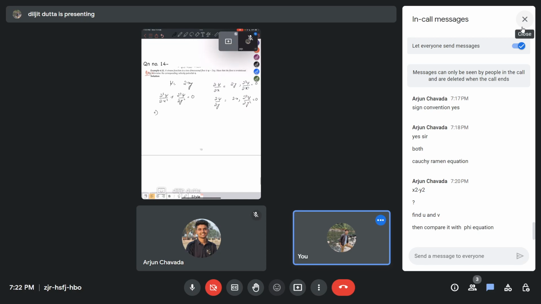So we have seen that del square psi by del x square is 0, and del square psi by del y square is 0. So if we substitute here, 0 plus 0 equals 0, so the flow is irrotational.